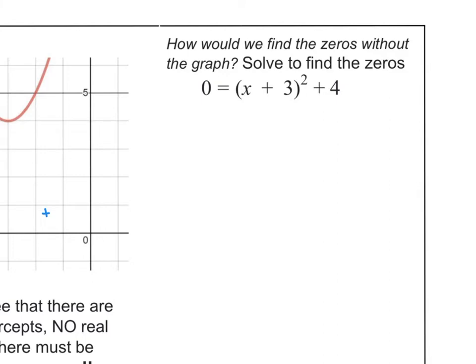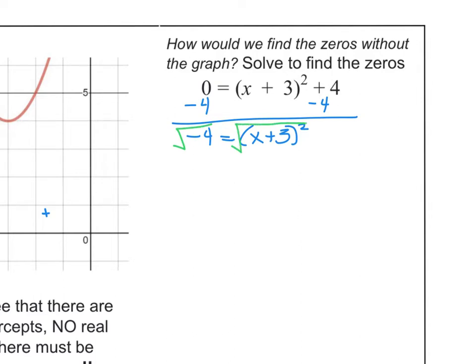So we start by plugging in 0 for the y value. Then we want to go ahead and solve for x. So our first step is to subtract 4 on each side, and then we get -4 equals (x plus 3) all squared. Well, we need to undo that squared, and so the way we'll do that is by taking the square root of both sides of our equation.